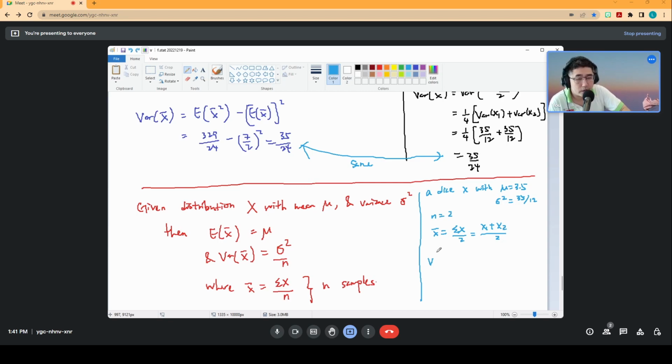The expected value of bar x equals 3.5 immediately, and the variance of bar x equals 35 over 12 over 2, which is 35 over 24. Done.